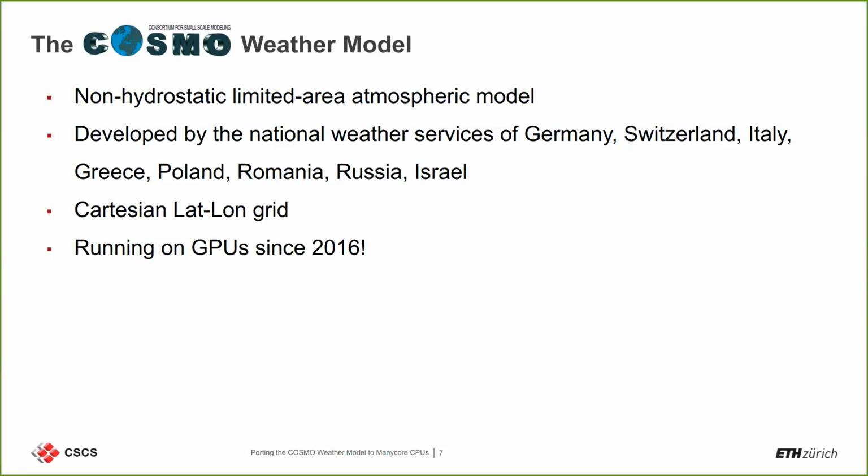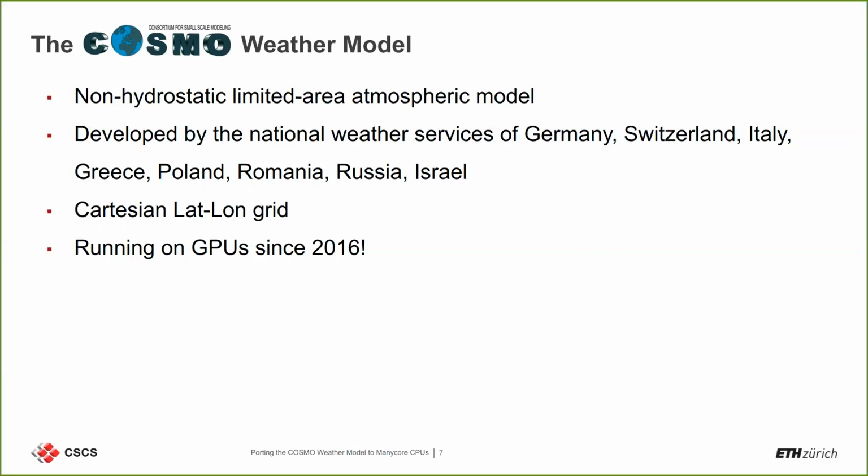Currently, or I think from the start, the consortium includes Germany, Switzerland, Italy, Greece, Poland, Romania, Russia, and Israel. They started developing that model in, I think, 1998 or so. So it's a pretty old model, but still used in production today. It uses a Cartesian latitude-longitude grid using finite difference discretization.